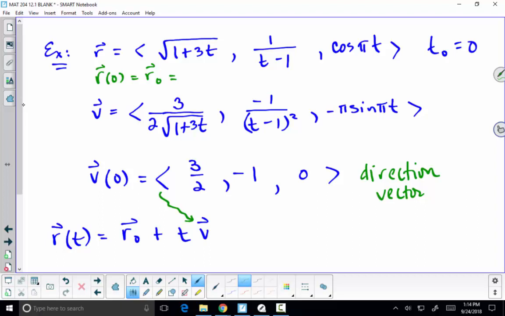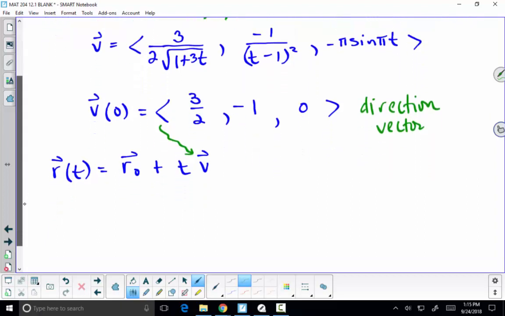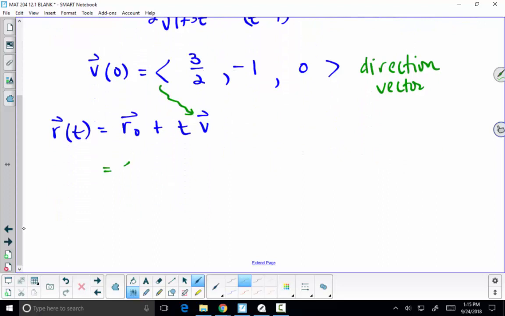So plug that in, and we get 1, negative 1, 1. So that's our starting point. So we go 1, negative 1, 1, plus t times this direction. So that is our line.